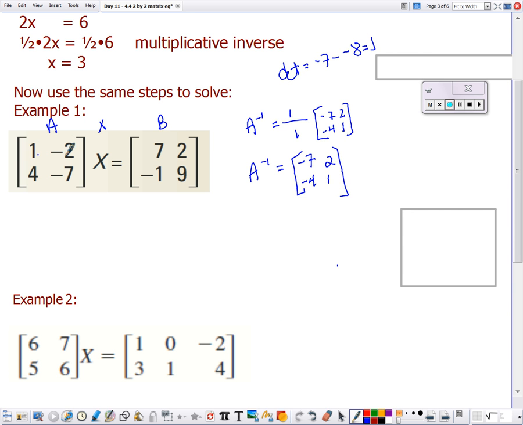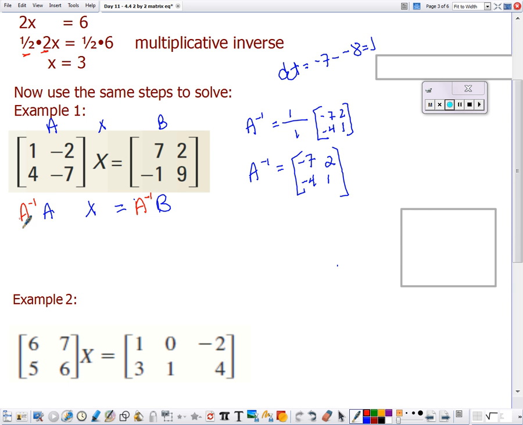So if I'm going to solve this equation, which is A times X equals B, I need to multiply A inverse on this side, which is like this 1/2 times 2. But since order matters, I need to do A inverse and then B. It cannot be B then A inverse. The order matters.